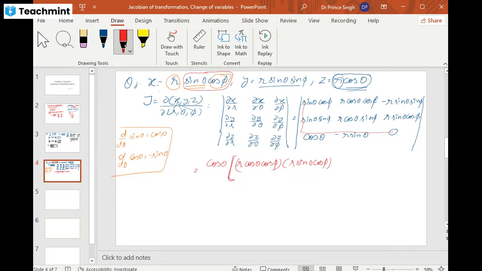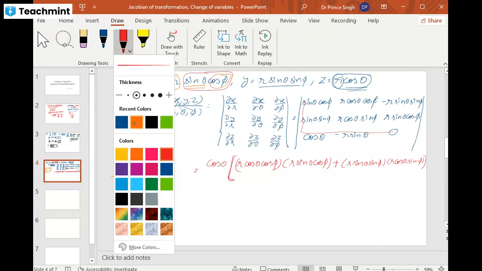This minus is already there and minus becomes positive: r sin theta sin phi into r cos theta sin phi. This is the coefficient of cos theta.